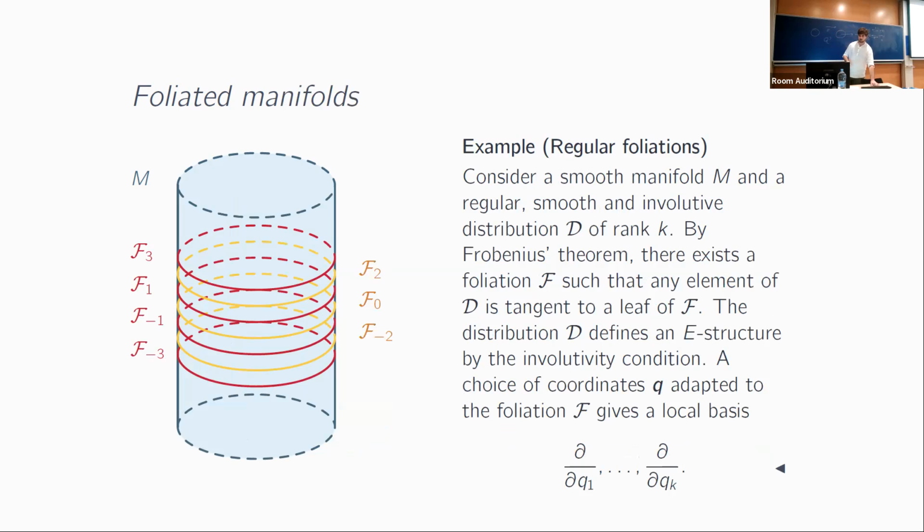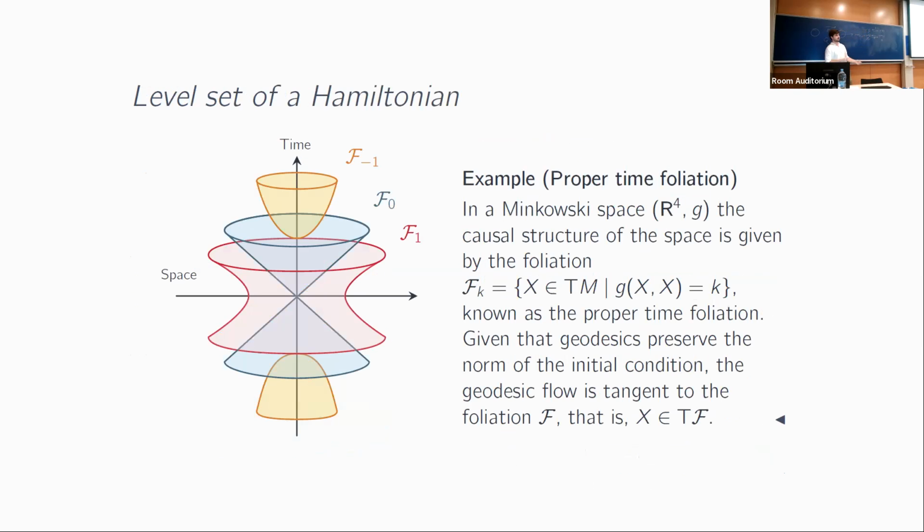And some examples arising from physics are level sets of a Hamiltonian. For the case of general relativity, we have proper time foliation, which is just foliating a subset of the tangent bundle by vectors with the same norm. And this is regular, provided you eliminate points with zero norm. And this also works in general if you define a foliation by preimages of regular level sets of Hamiltonians.